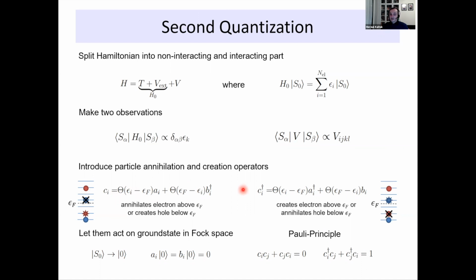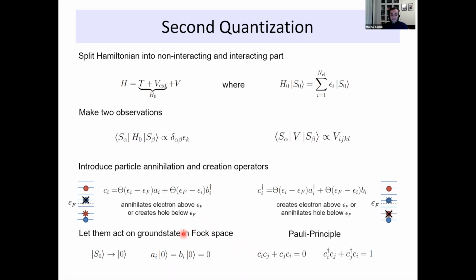And the conjugate operator, in contrast, does the opposite. So it creates a virtual electron above the Fermi energy, and a hole below the Fermi energy. Note these operators now act on the ground state, that is the Slater determinant, S naught, however, now in Fock space.